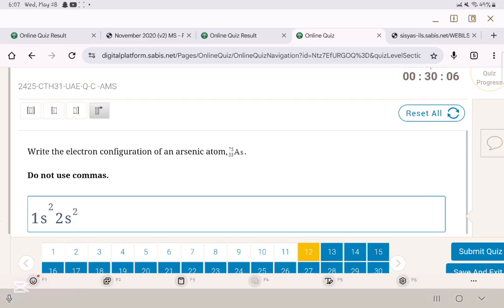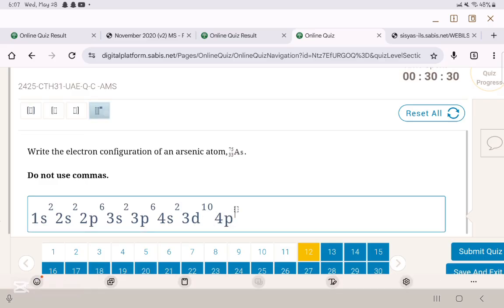So we have 1s2, 2s2, 2p6, 3s2, 3p6, then 4s2, then 3d10, and then we have 4p3.